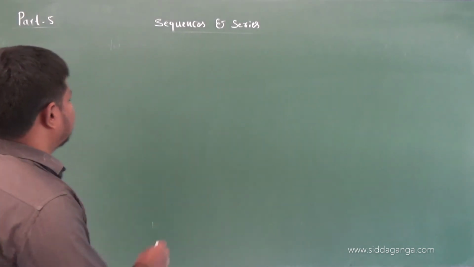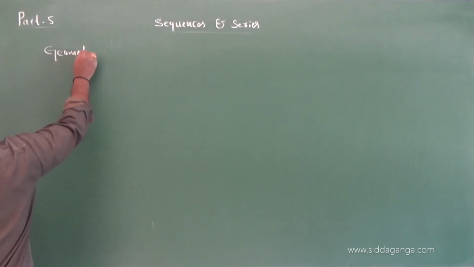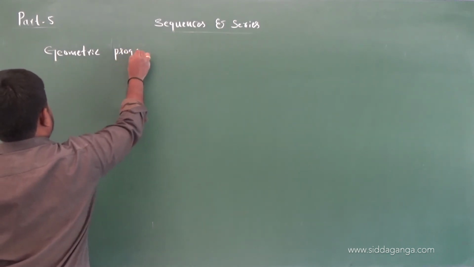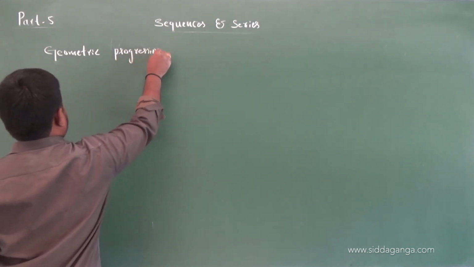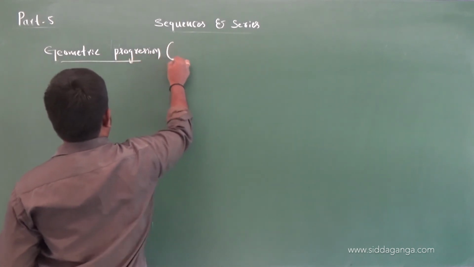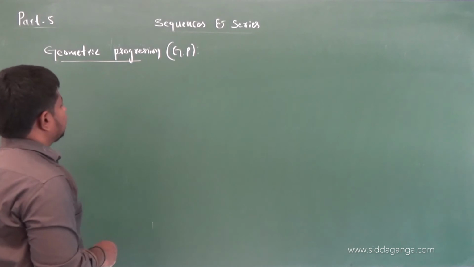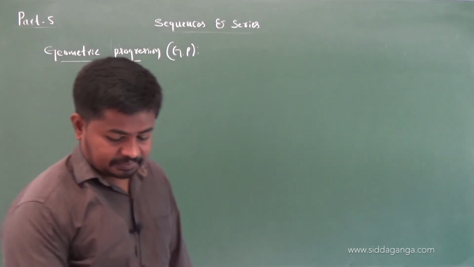Okay, let me define this first. Geometric progression, or simply we write this one as GP. So geometric progression, we abbreviate it as GP or geometric sequence.